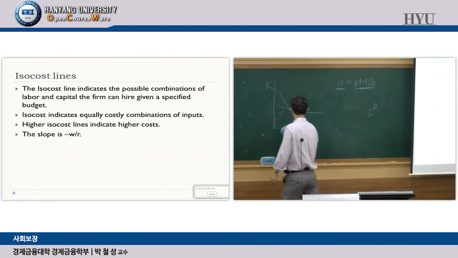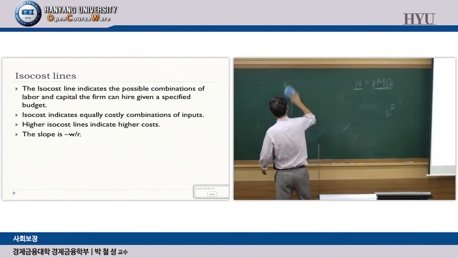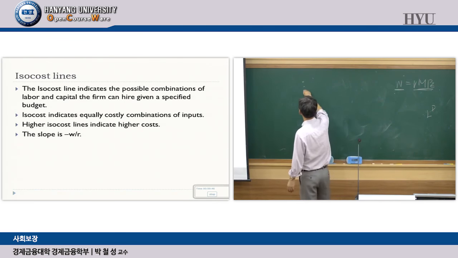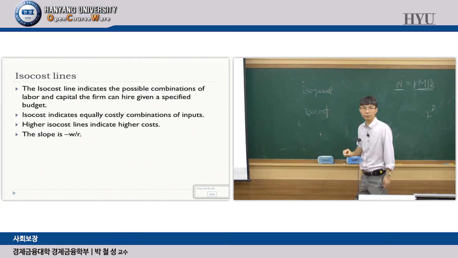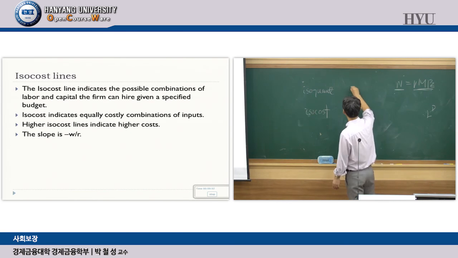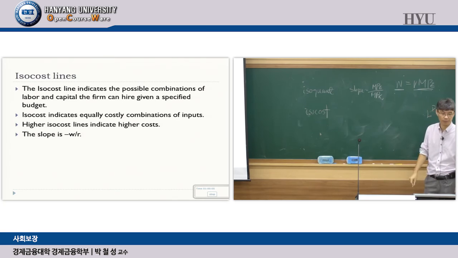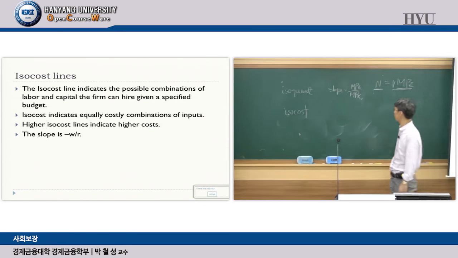So we have the isoquant curve, and we have the isocost curve. The slope of the isoquant is equal to MPL over MPK, the MRTS.